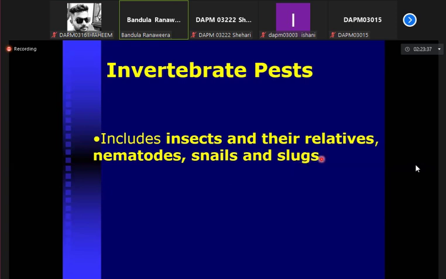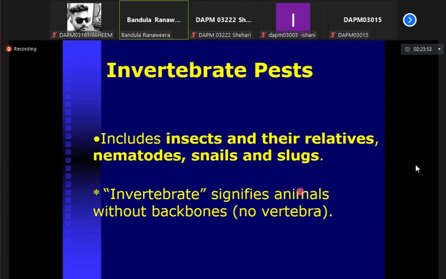Snails and slugs are from the Mollusca phylum. So nematodes are from the Annelida phylum. So when we say invertebrate pest, that means animals without vertebra or backbone.